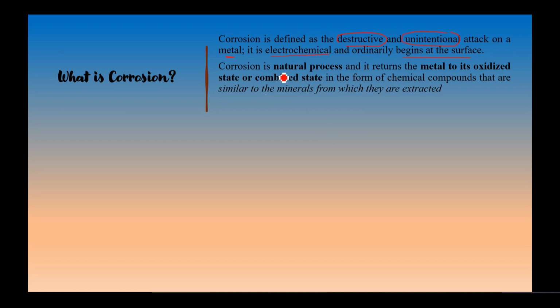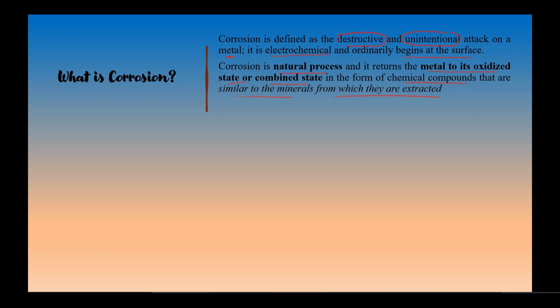Further, it says that it's a natural process and it returns the metal to its oxidized state or combined state in the form of chemical compounds that are similar to the minerals from which they are extracted. So normally, most of the metals do not exist in the elemental form.